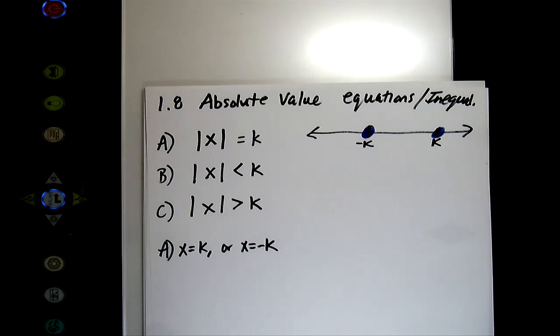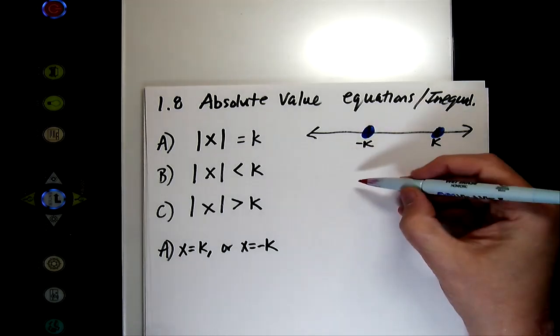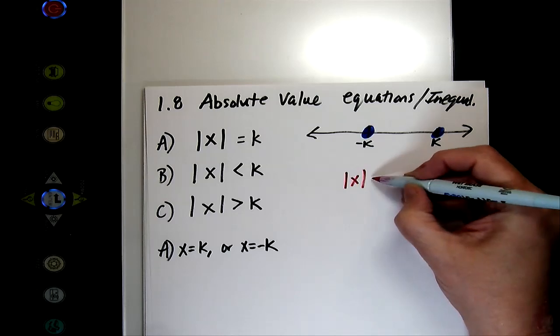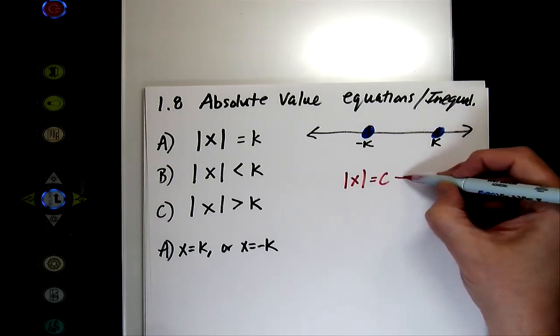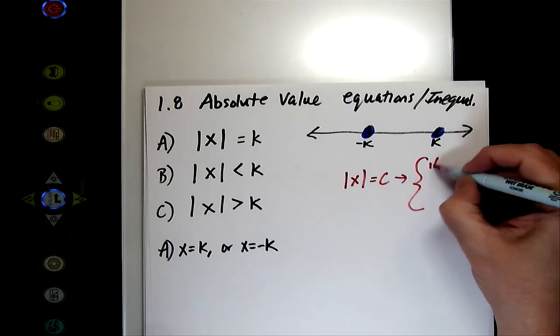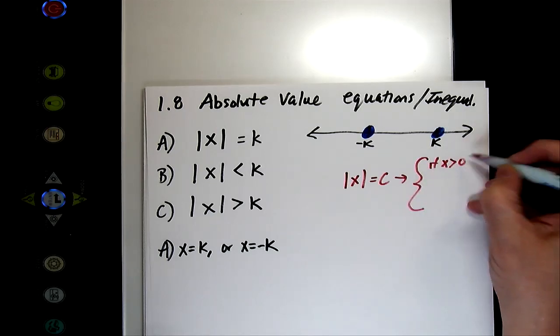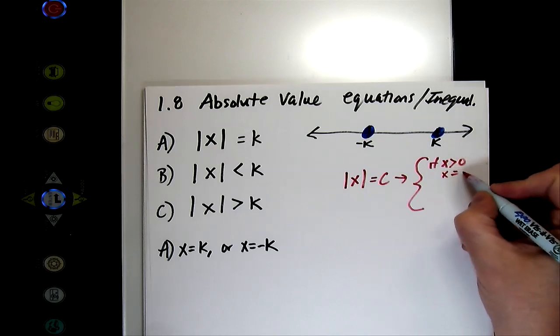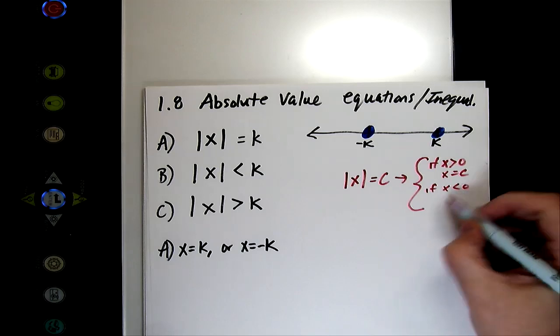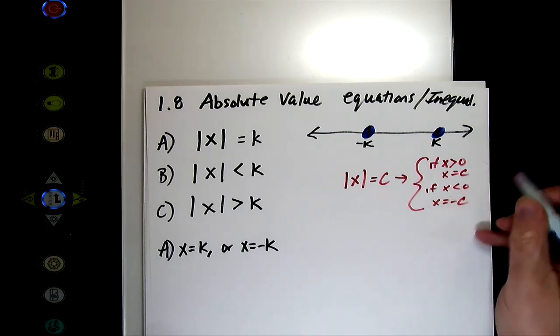To continue with the next part, I'm going to remind you what the absolute value sign means, but with an equal sign. The absolute value of x equals c means if x is greater than 0, x equals c. If x is less than 0, x equals negative c.